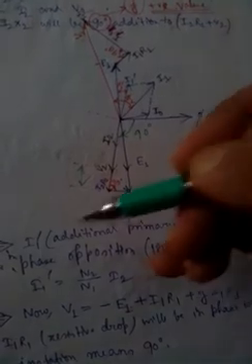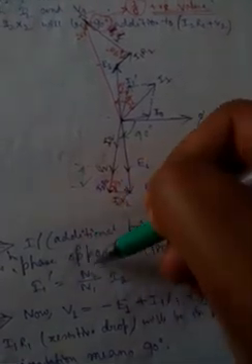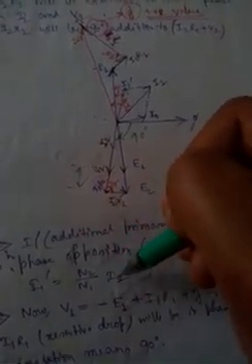Now, as we know, the additional current I1 dash is required at the primary side when the secondary side is loaded. Additional current is required to supply the secondary, so the primary current automatically increases. This I1 dash is nothing but N2 by N1 into I2.